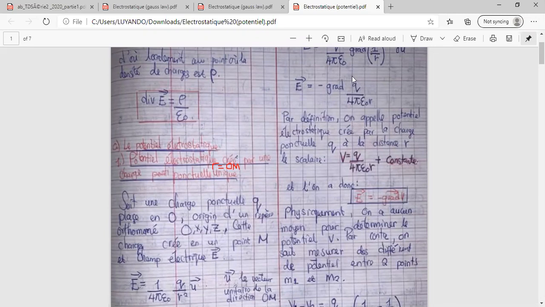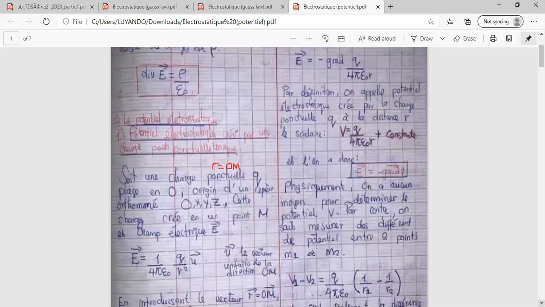So where there is this, we put our V, and we have E equal to negative grad of V. I think we talked about this in the introduction. It was one of the expressions, so that's where it comes from. So on a donc E, the electric field, is equal to negative grad of V, the potential. Are there any questions?